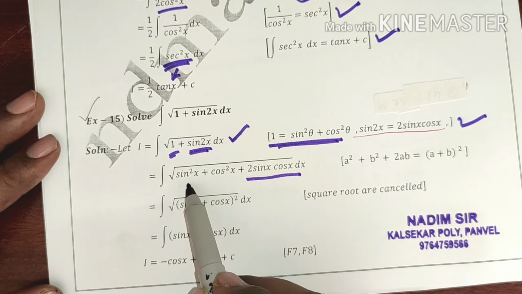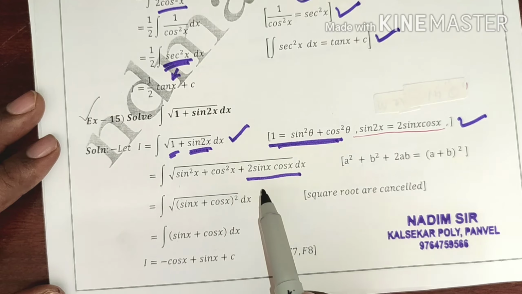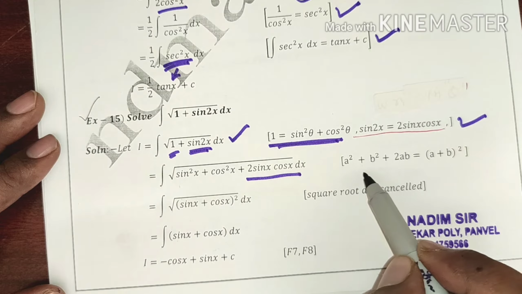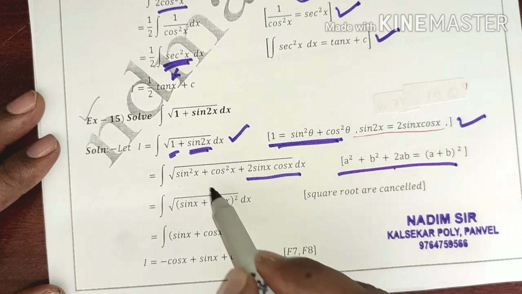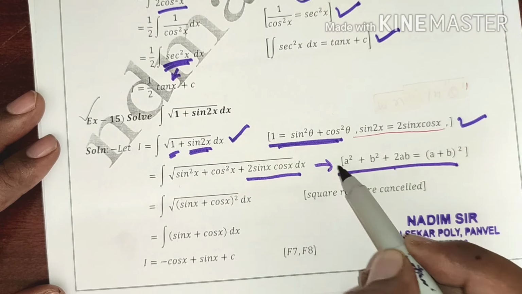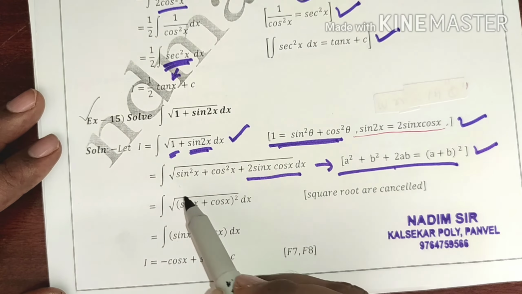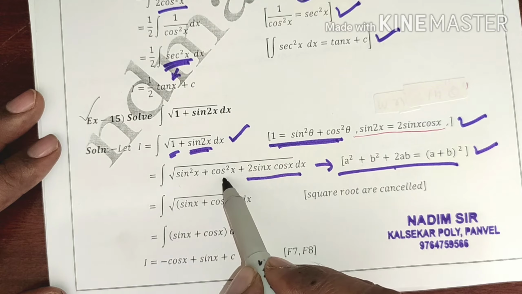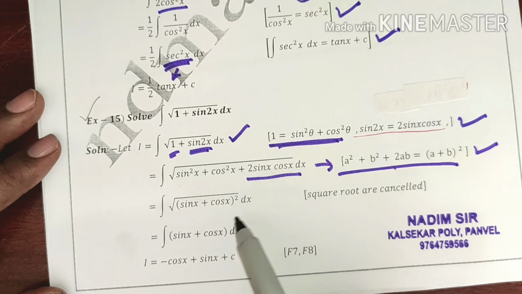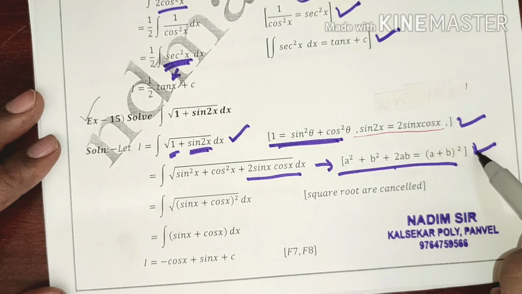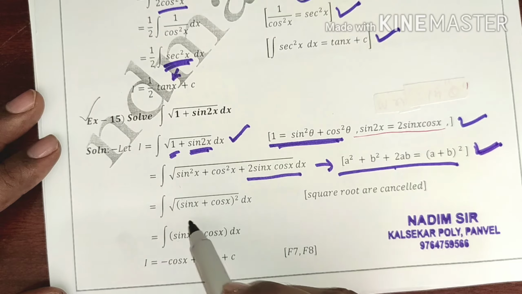And we get the formula a square plus b square plus 2ab. See here, a square plus b square plus 2ab. This design matches this, so we combine it by the formula a plus b whole square.